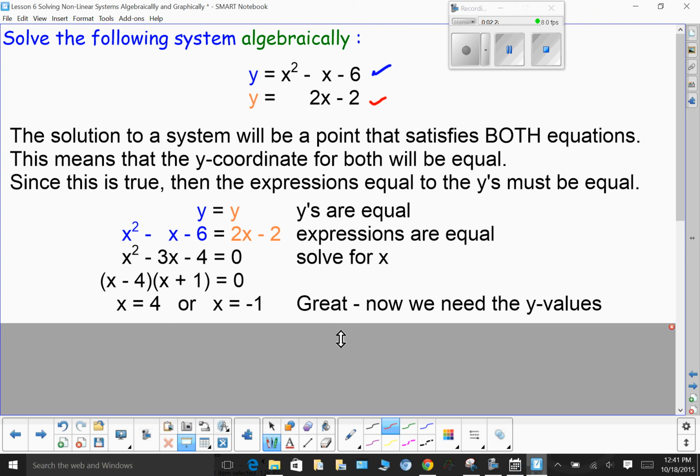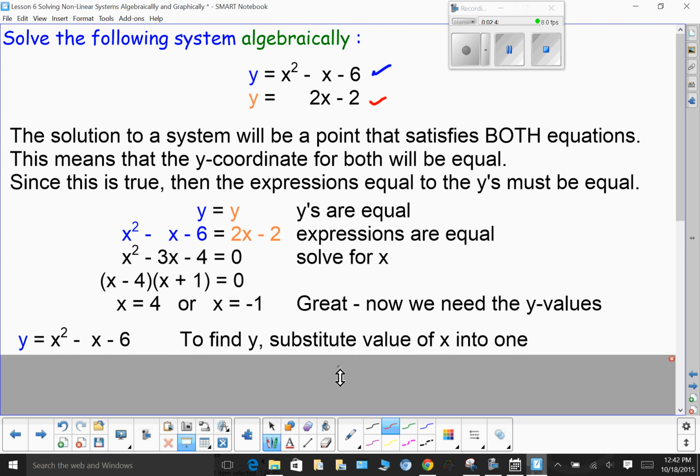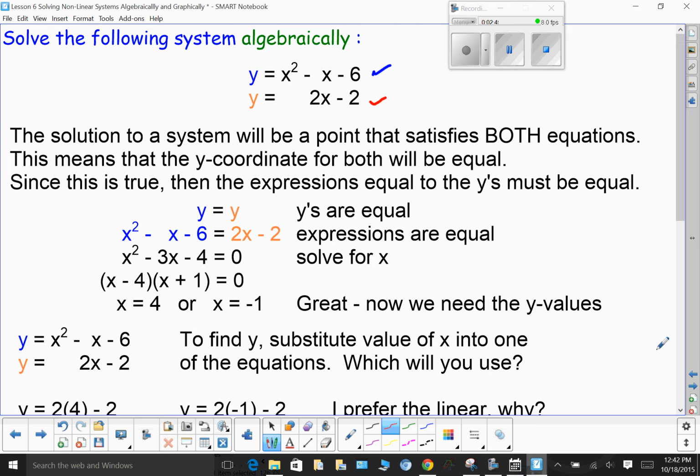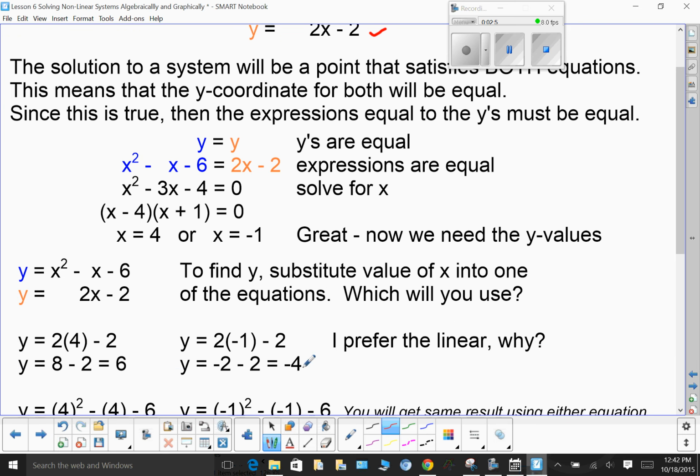Now, I personally prefer using the linear. I don't have to worry about squaring anything, fewer operations, fewer opportunities for me to make goofy arithmetic mistakes. You may use either. Both, assuming you do the correct arithmetic, will give you the same answers. First, I substituted into the linear so that I got 4, 6, and negative 1, negative 4.